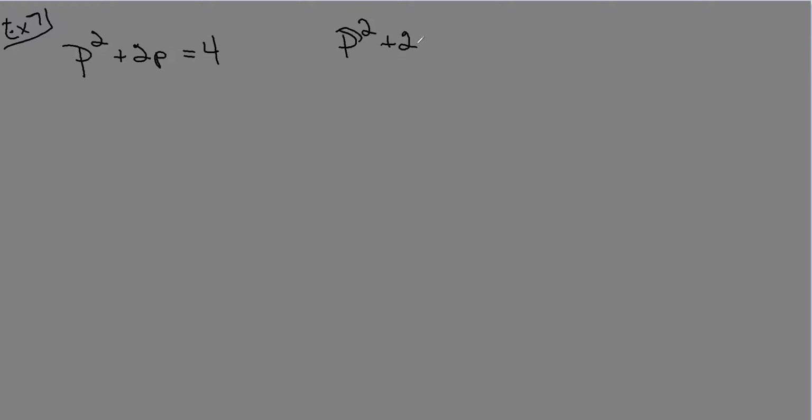However, if I subtract 4 from both sides to get the quadratic equal to 0, then when I attempt to factor this, I set up my parentheses with a plus and a minus. Then I'm trying to figure out two numbers that add to positive 2 and multiply to be negative 4.